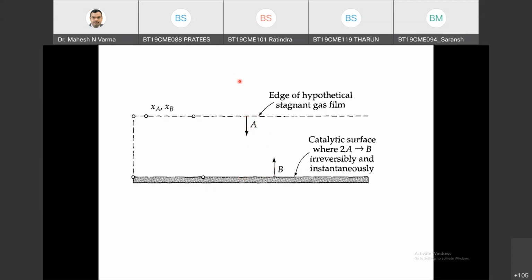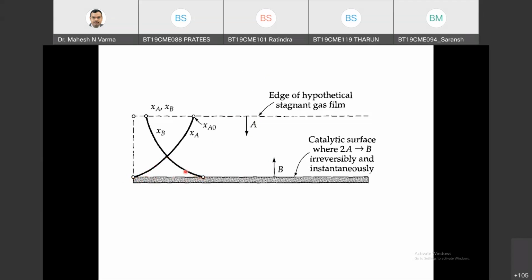So if we plot XA and XB, this is the expected concentration profile. Say this is 0 and this is 1. At this surface, XA will be equal to 0 and XB equal to 1.